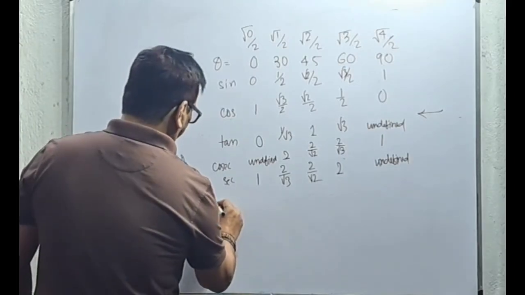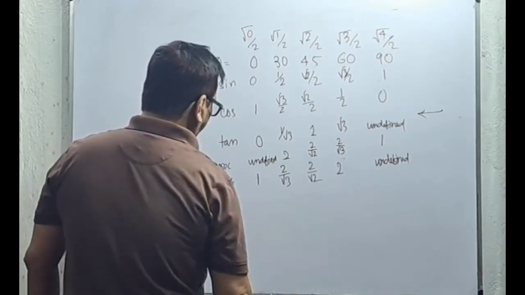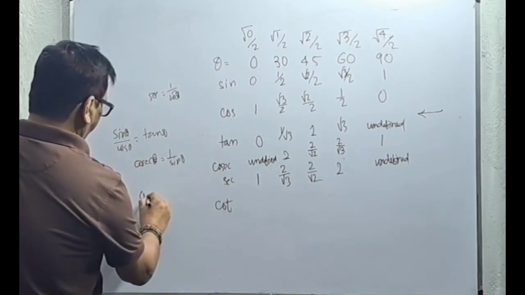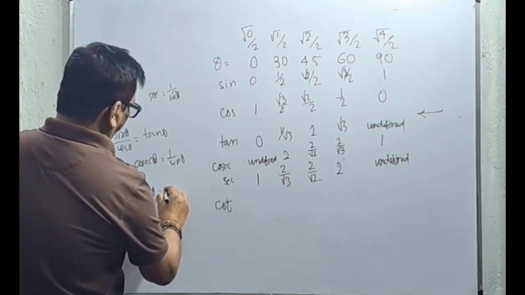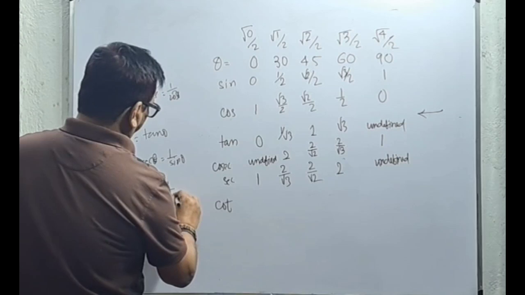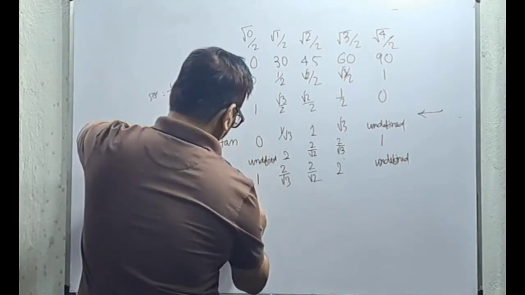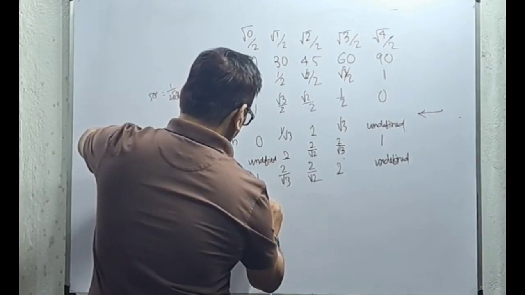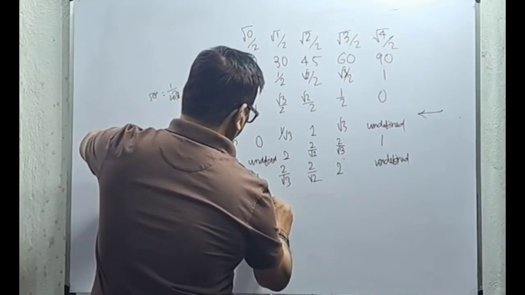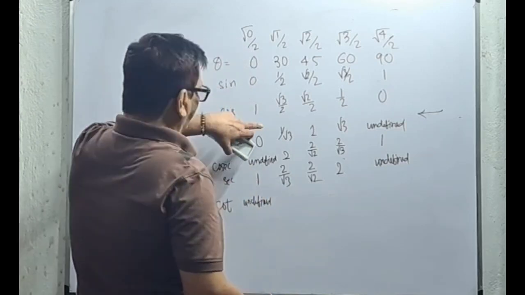Then we come to cot. So cot theta is equal to 1 by tan theta, right? So reciprocal of tan theta. So this is tan. So 1 by 0, undefined. Correct? Then root 3.